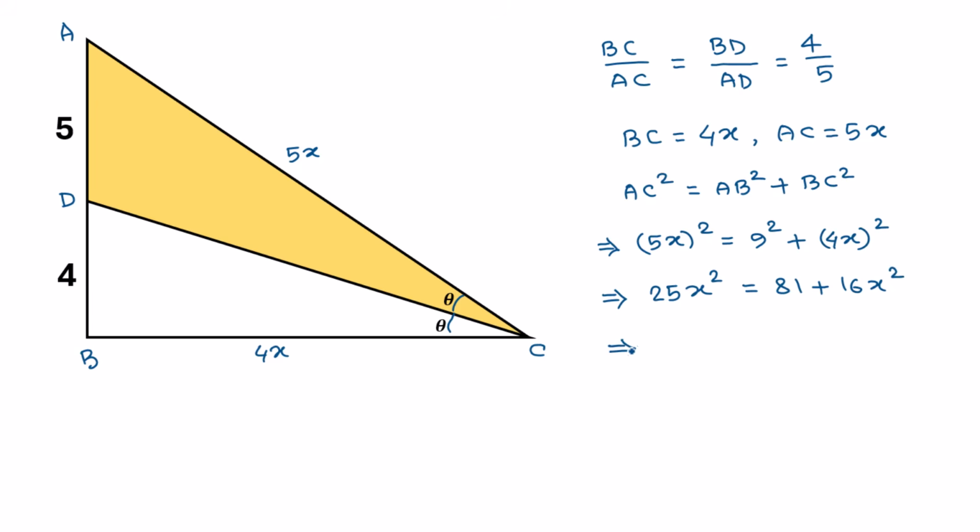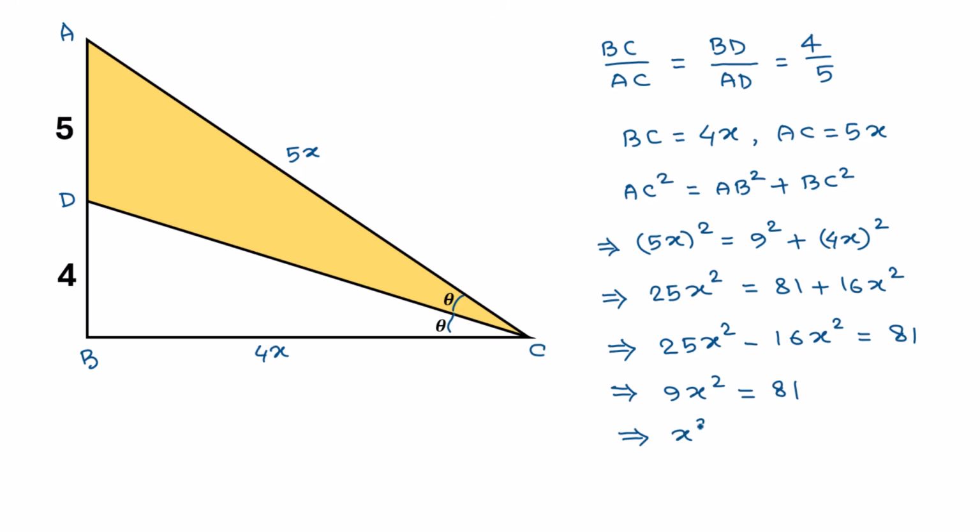Taking this 16x square to the left side, we get 25x square minus 16x square is equal to 81 on the right side. 25x square minus 16x square is 9x square, equal to 81. Divide both sides by 9.